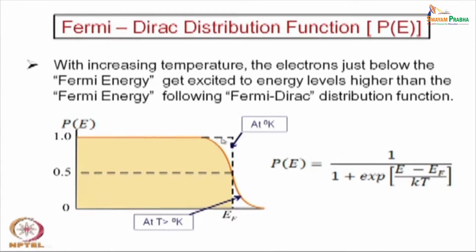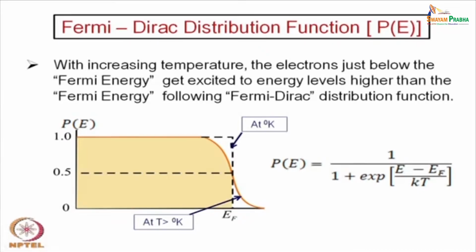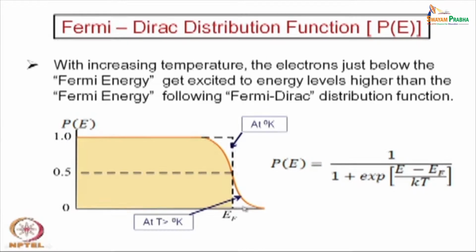They will absorb some thermal energy because of the higher temperature, and they will cross over the Fermi energy and go to the higher level. So some of the electrons will empty this space and go to the additional space here. So this is higher energy than E f.